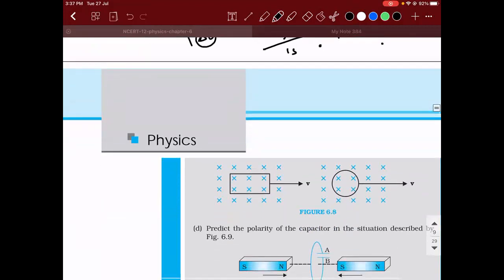Now, keeping all this logic in mind, tell me whether it is going to happen for a rectangular loop or the circular loop, keeping in mind that the area is the parameter which is changing the flux. Did you guys understand till what I explained?